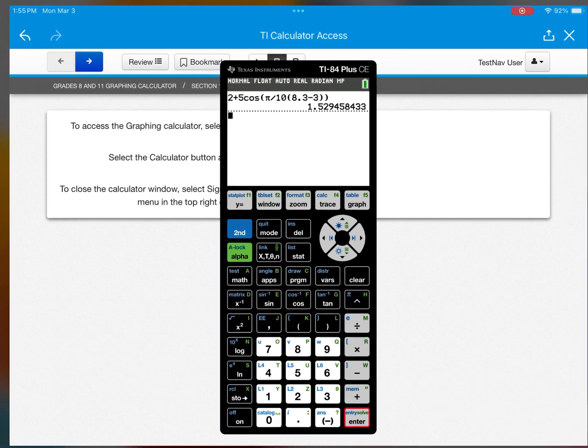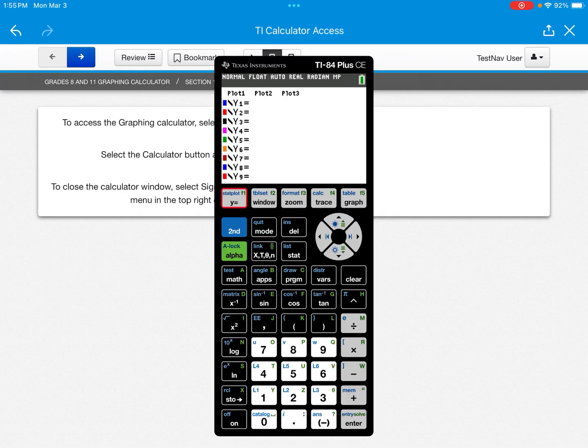Now this is a completely separate part. This does not involve the 8.3 at all. So 2 plus 5 cosine pi over 10, open a new parentheses. We need the x here, not a number. Minus 3, close those parentheses. And then y2 is going to equal 5.